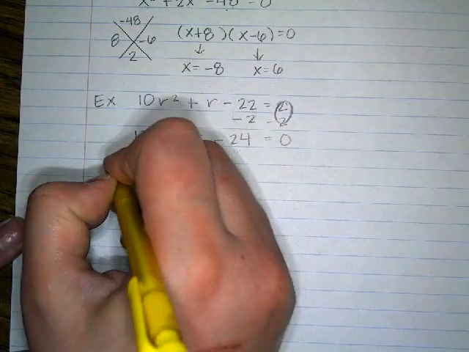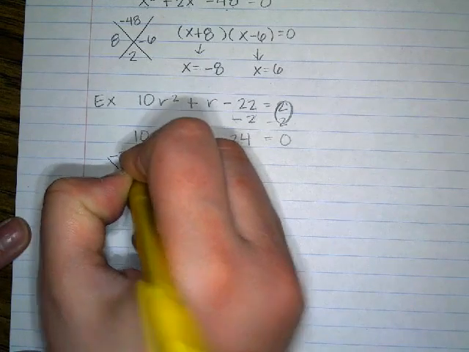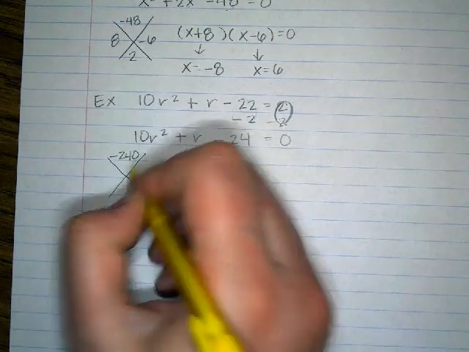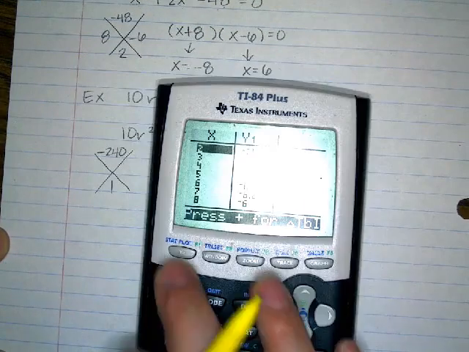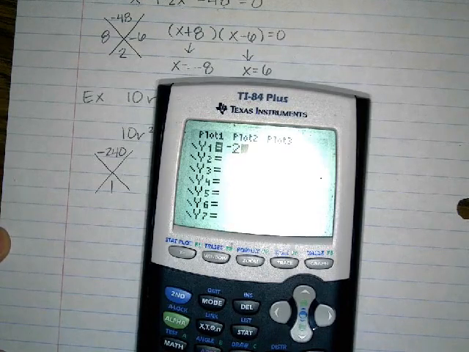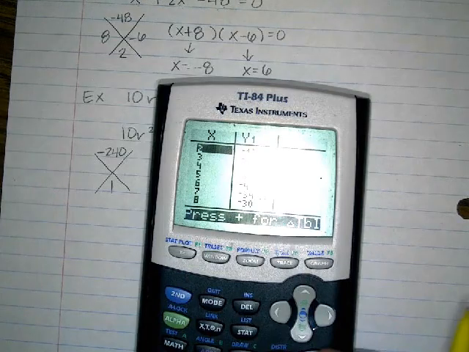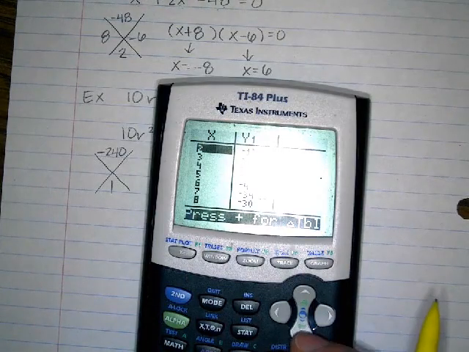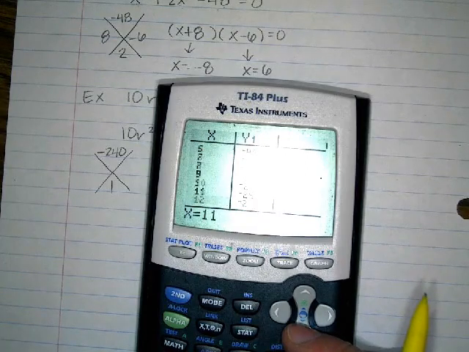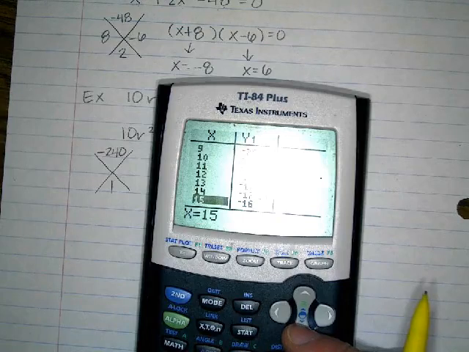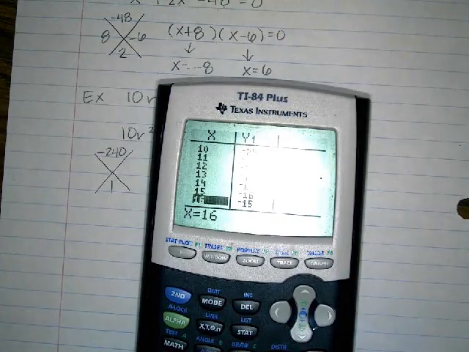Okay, and the bottom would be the 1 in front of the R, right? Okay, so we're looking for what multiplies to negative 240, but adds to 1. 16 and negative 15.